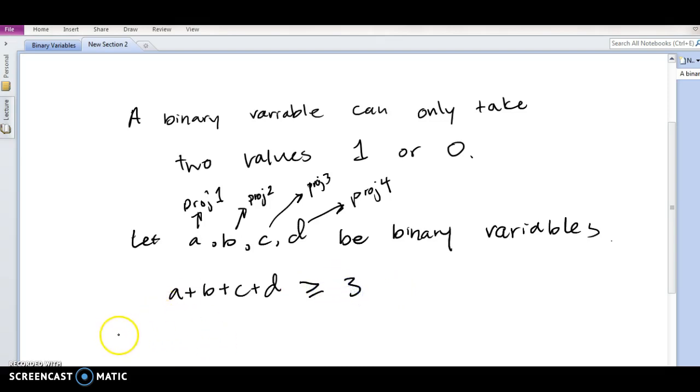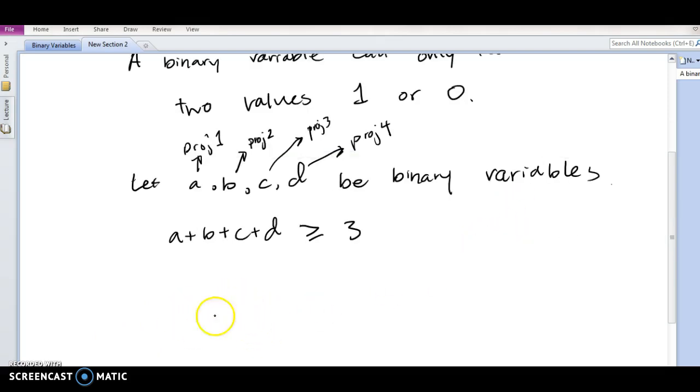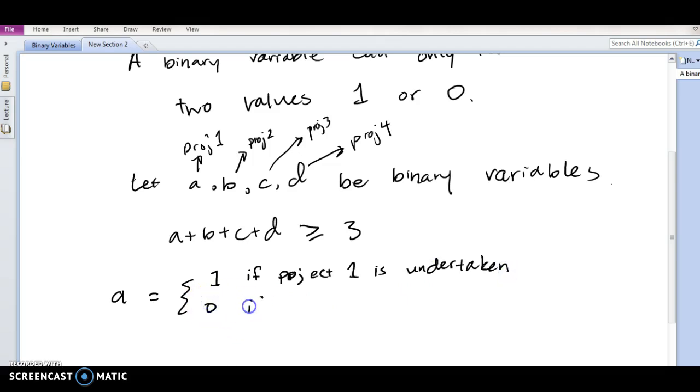So basically, for each variable, if it's a 1, that means the project's undertaken. So A can be 2 things. If it's 1, that means project 1 is undertaken. And it will be a 0 if project 1 is not undertaken.